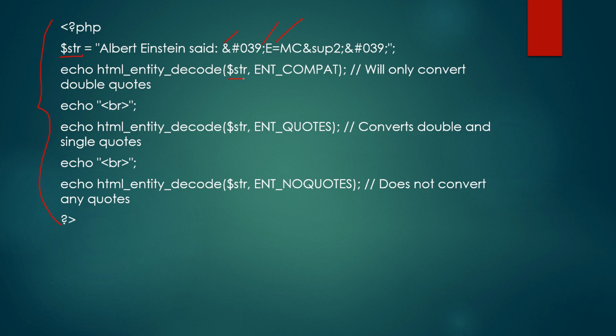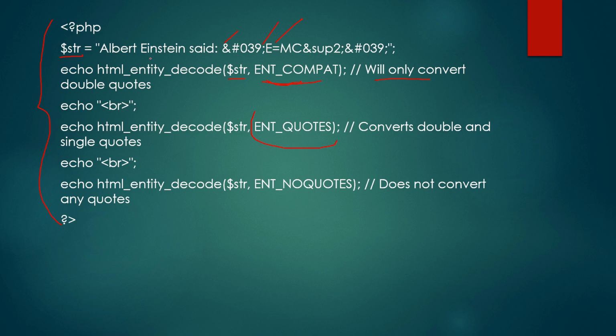Now I have passed the string, and this is the flag name. One of the types that we use is ENT_COMPAT. What it will do is only convert double quotes. Next, the second one is ENT_QUOTES. It converts double and single quotes.